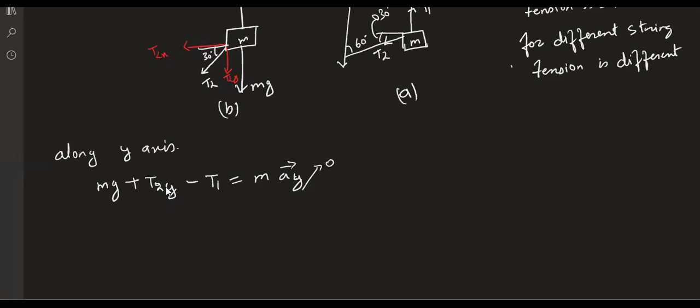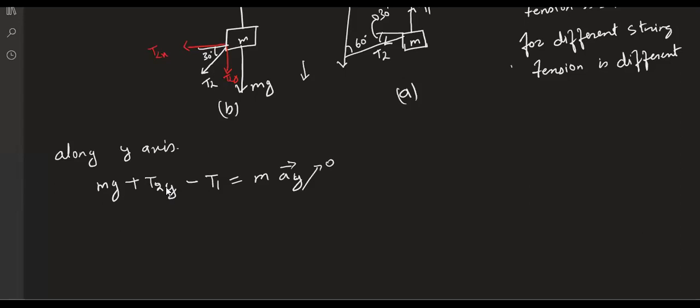Here, I've considered the direction of ay in the downward direction. That's why I have taken mg plus T2y minus T1. If you have considered the direction of ay in the upward direction, you would have written T1 minus mg minus T2y.